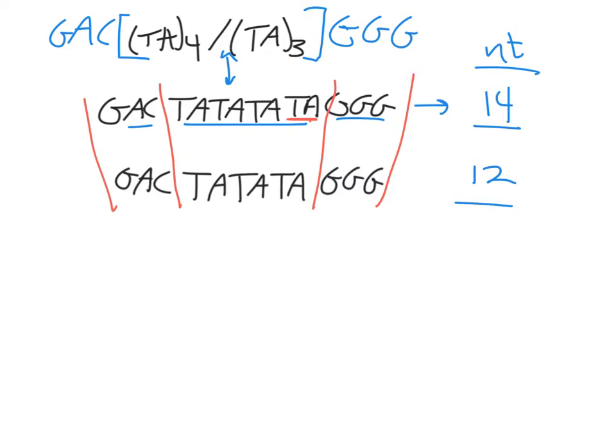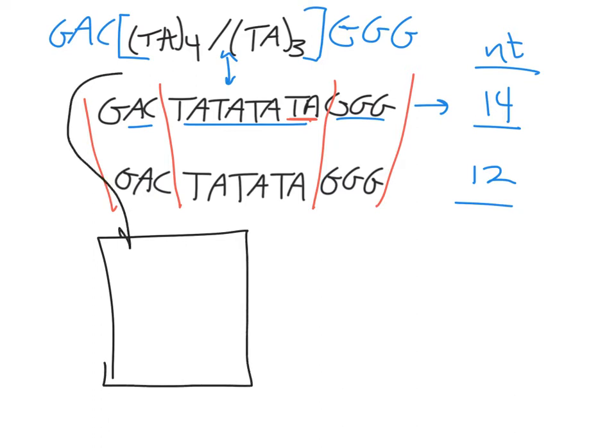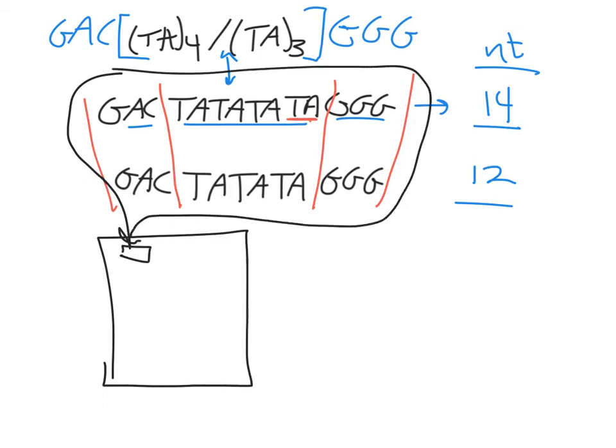And then the next question is, what does this look like on an agarose gel? If you stick both of those chromosomes into an agarose gel, there are 2 different sizes of DNA that you've put in that well in the gel.